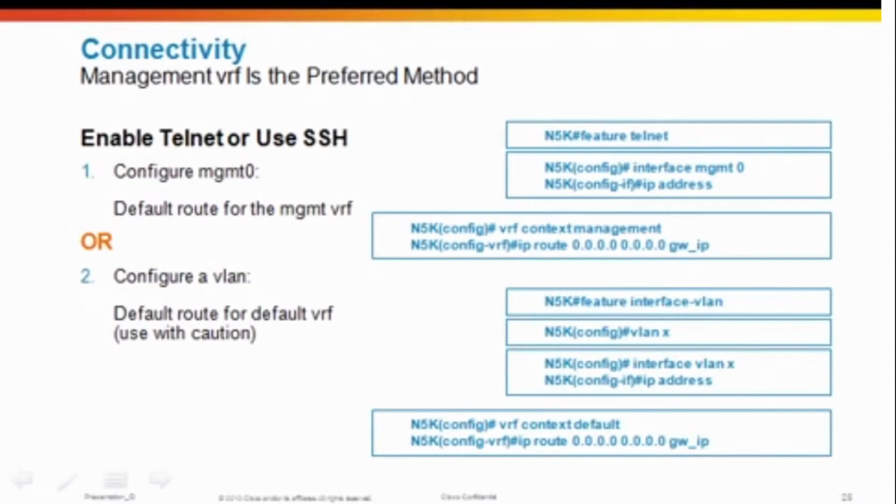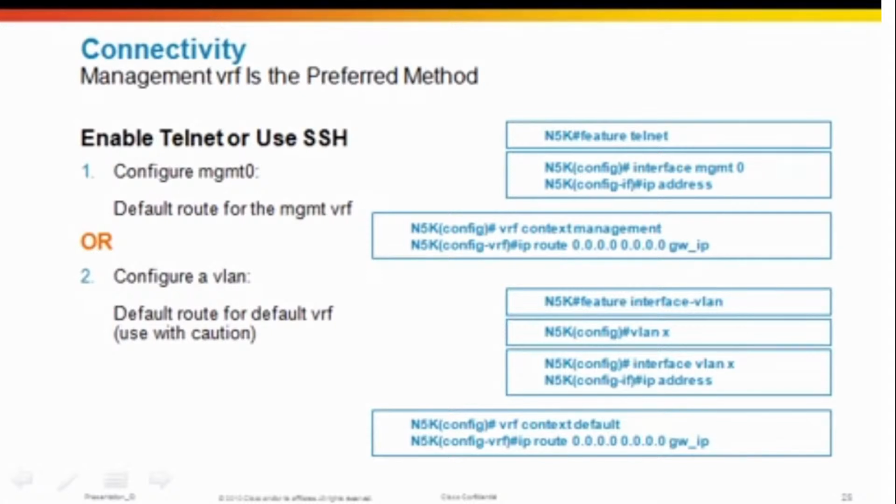I recommend you to use the management VRF for that purpose with the management 0 interface. First off, you can use SSH or Telnet to connect to it. SSH is enabled by default, and if you like to use Telnet, then you need to enable Telnet on the 5K. So you need to go ahead and type feature Telnet and enable that. Once you've decided if you use Telnet or SSH, go ahead and configure management 0.